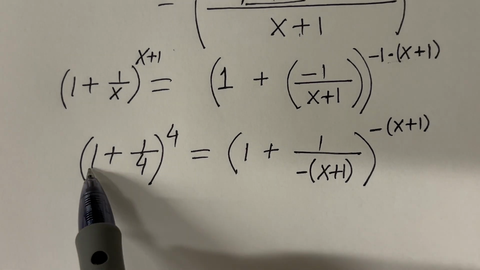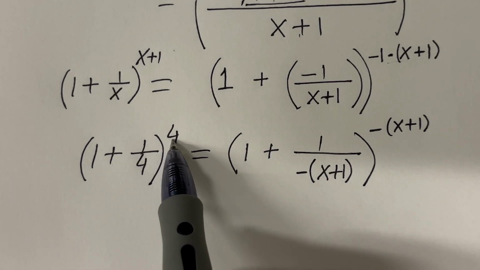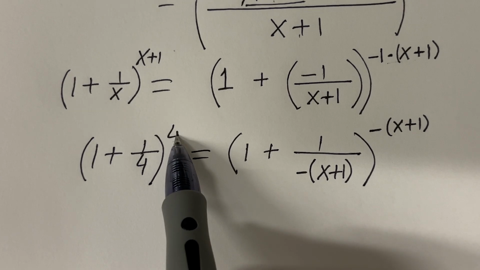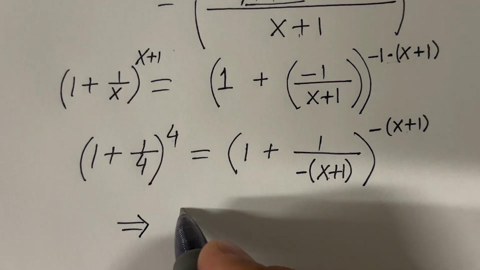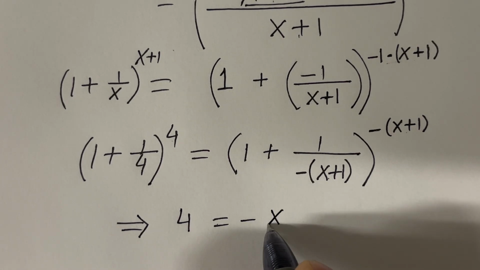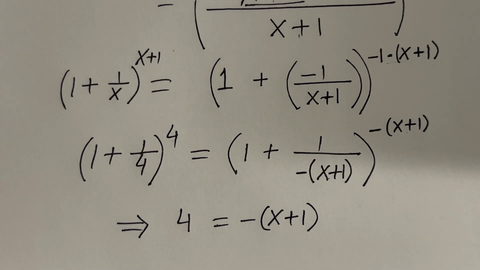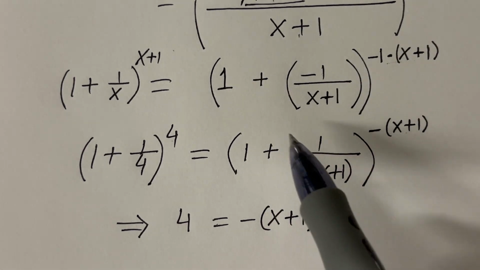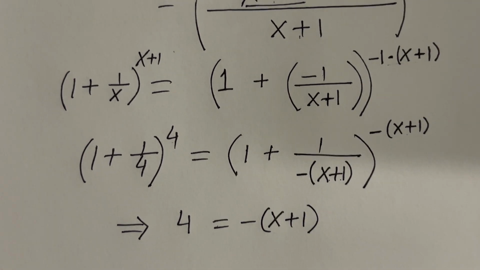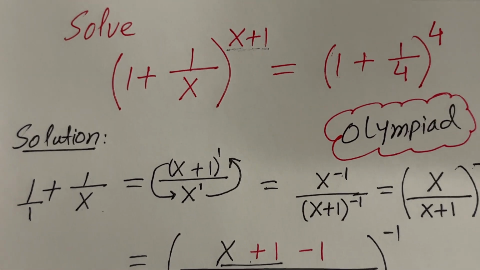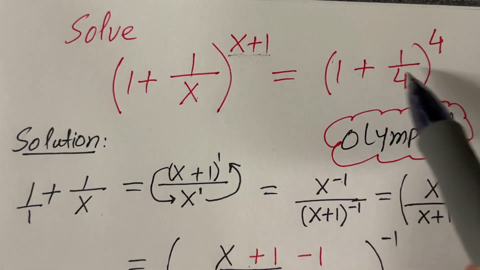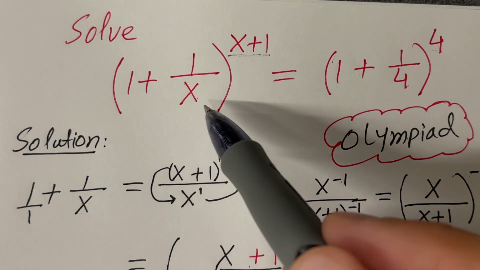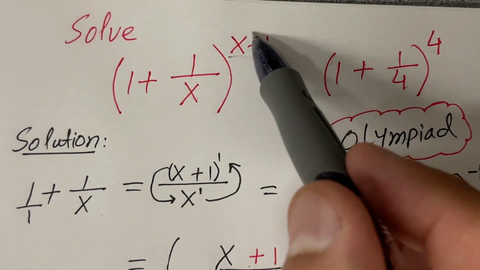Now 1 plus 1 over something is raised to the same power. That means 4 is equal to negative x plus 1. The whole purpose of doing all this work was to make these two the same, and the only issue we had in the start was that they were not the same. This was 4, this was 4, and this is x, but here we had x plus 1.